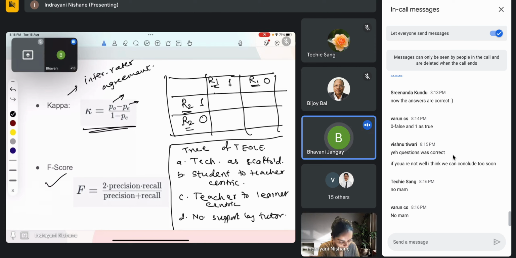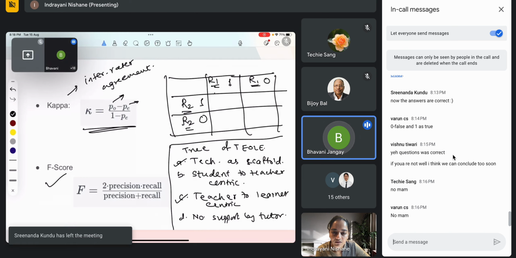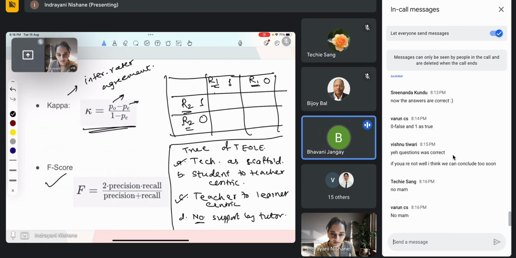Based on our understanding, ma'am, I selected option A, technology acts as a scaffold, and option C, shift the learning process from teacher to learner centric. But when the answer solution sheet was released, they had selected A and D. D is no support provided by tutor at all, which does not match even the lecture notes, ma'am.